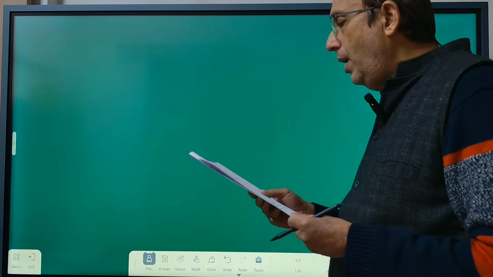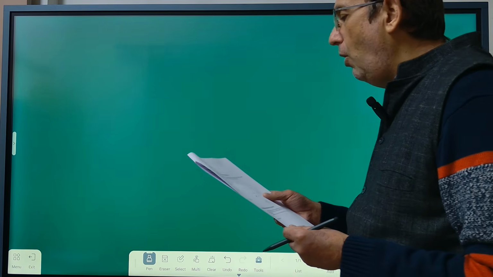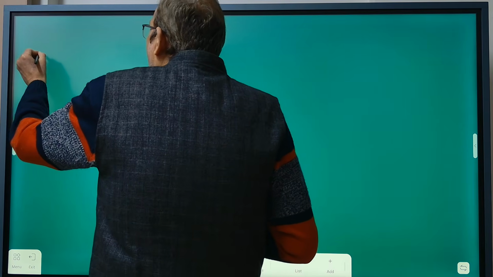Okay, now we are going to do another problem, that is the meeting point with opposite accelerations. We have done a problem like that.